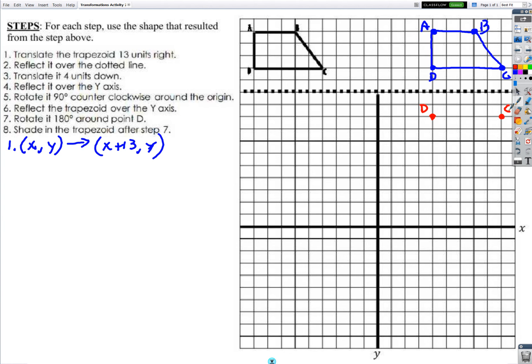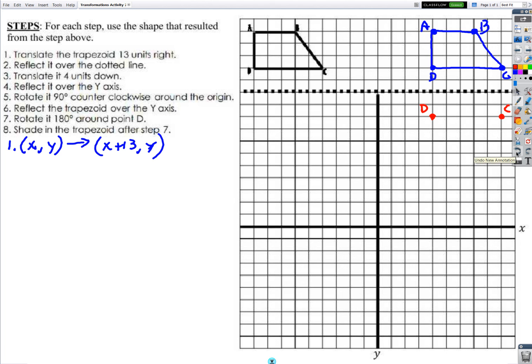So, look, how far is A from the dotted line? You can also look at your paper because you have this written down there. How many units? 5. So you can count 5 units below the dotted line.